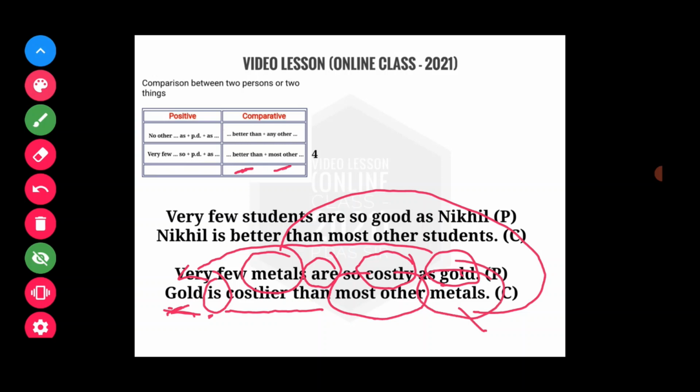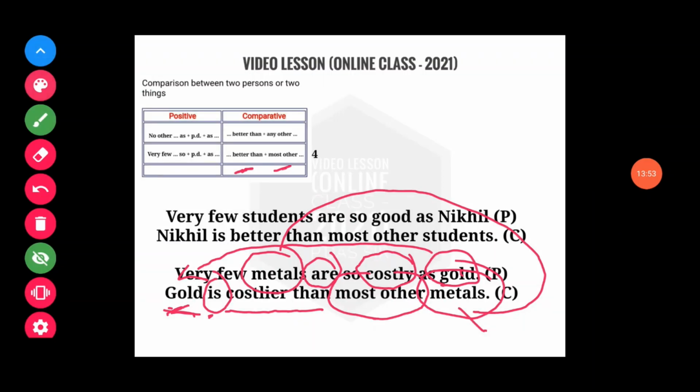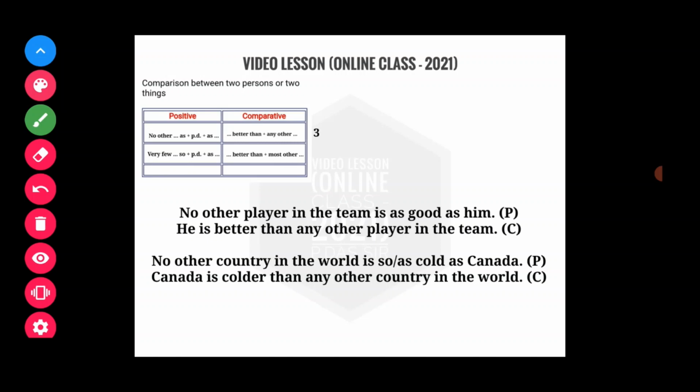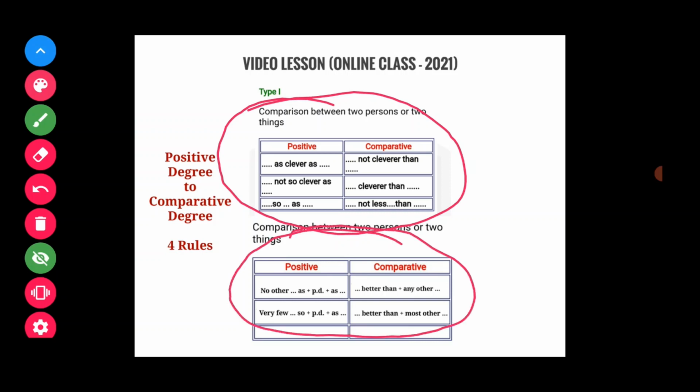Is it easy? So these are not very tough, you just need to concentrate properly. Now you have learned this one. That day we discussed these two rules, today we have discussed these two rules. They are not difficult, very easy, you just need to concentrate.